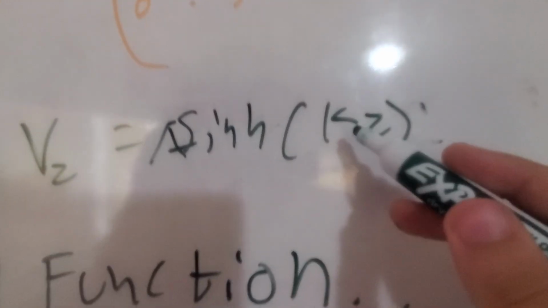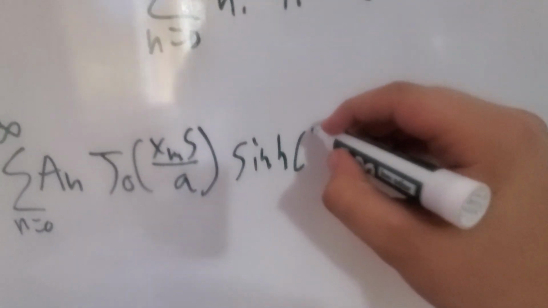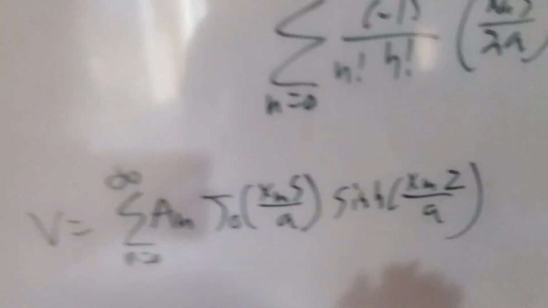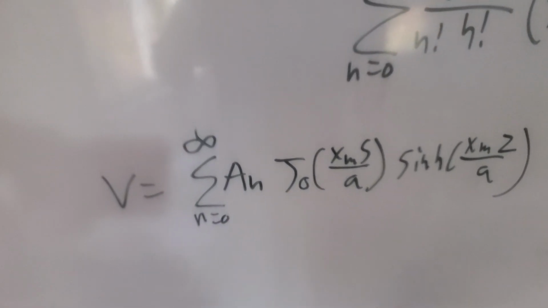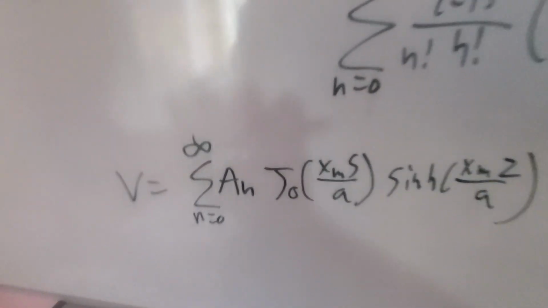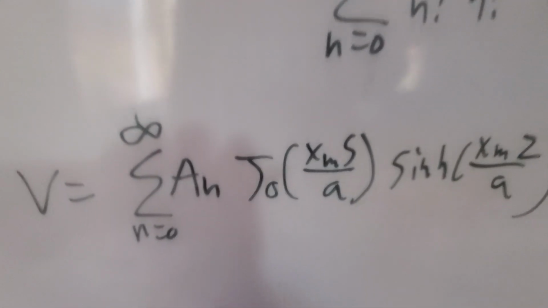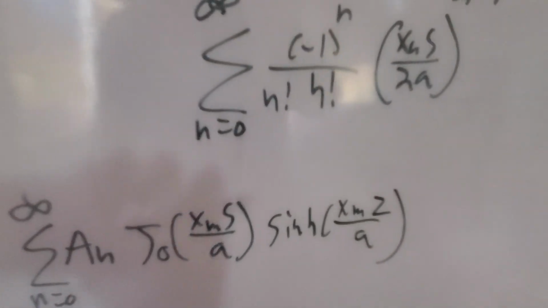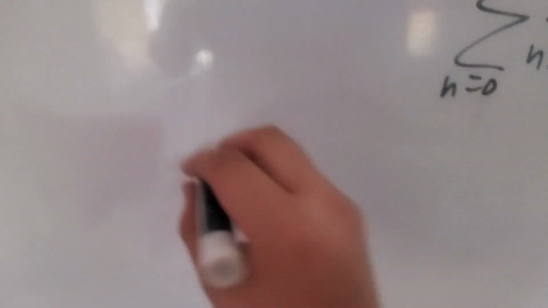Now that k thing corresponds here too, so xm z over a, and that's our solution. Now we'll turn it over to Nick to teach how to solve for a of n. And of course, when we want to finally take the E field, all you do is take the gradient of that potential.